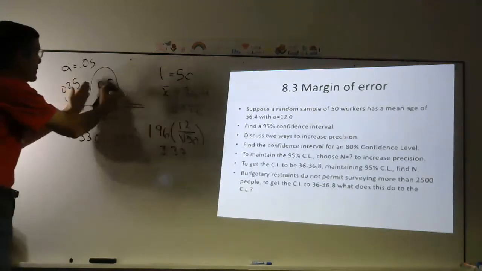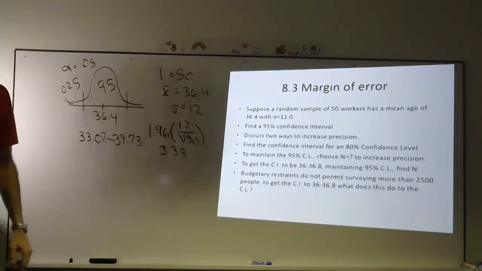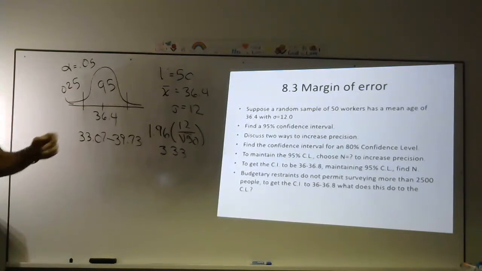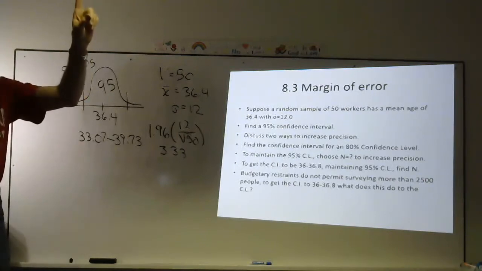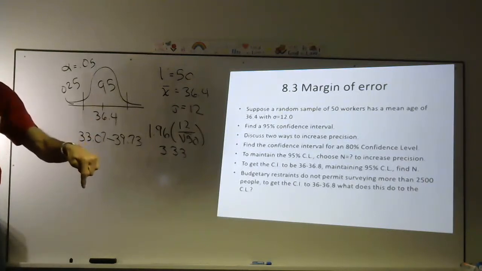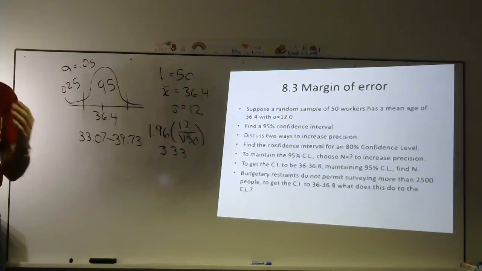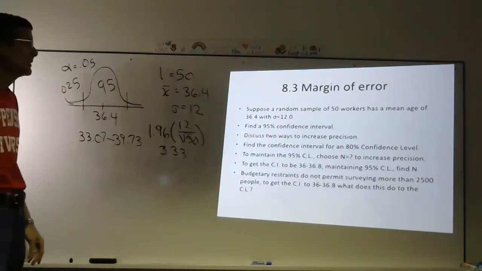But if I shrink this in, this percentage gets smaller. So my level of confidence would be smaller. So one way for precision to go up is to decrease your confidence level. You can't be quite as confident that it's actually going to be in that range because you're shrinking it, and it'd be more likely to pop out of that range.